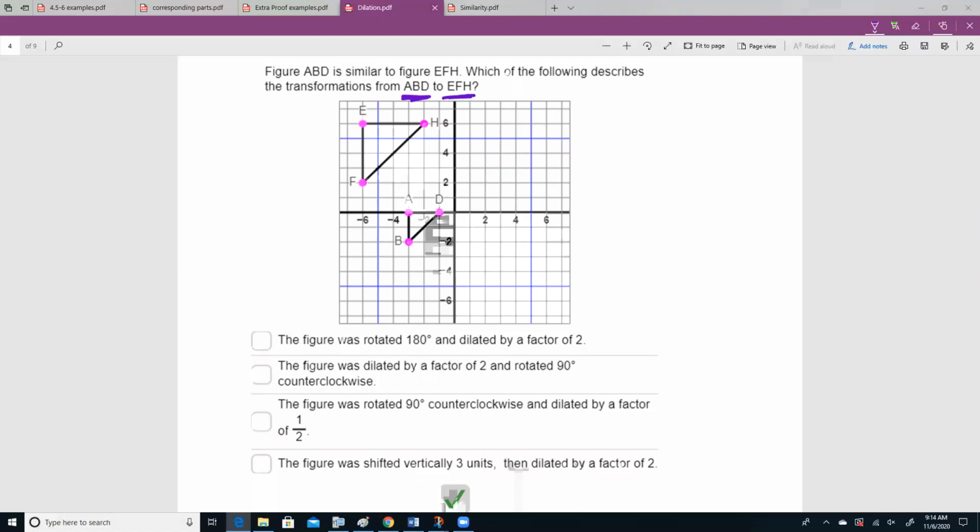So A will correspond to E, B will correspond to F, and D will correspond to H. Okay, so if we're looking at that, it does get slightly bigger. So we know we're dealing with a dilation.